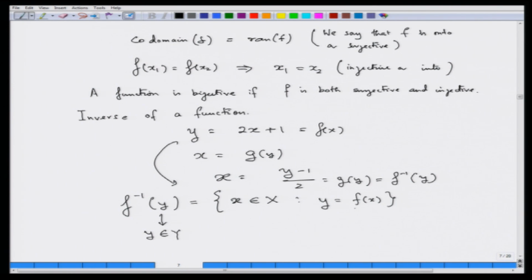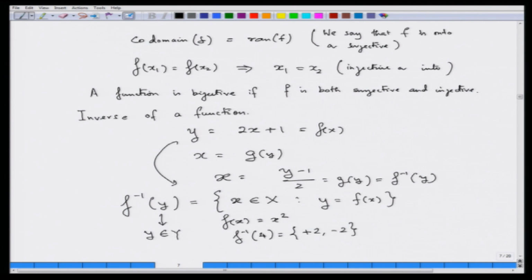If I take the function f of x equal to x squared and I take f inverse of 4, then this set consists of 2 elements, +2 and -2. So, f inverse is really not a function, because for a single element 4, I have two outputs, +2 and -2.